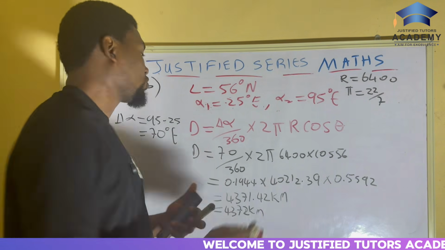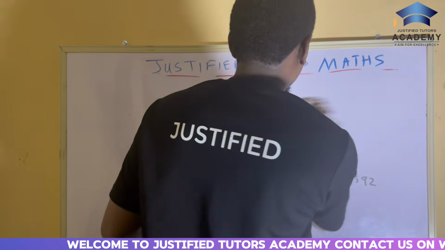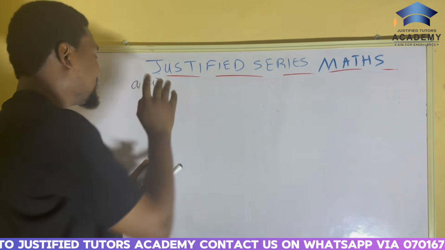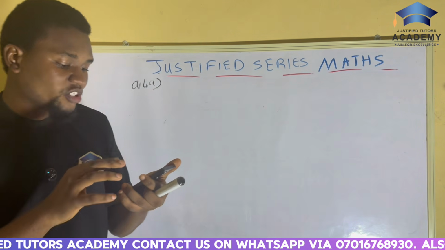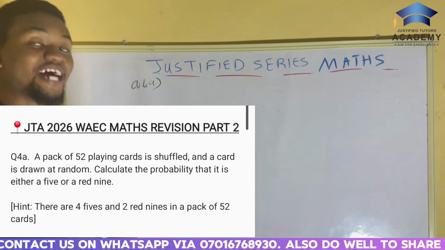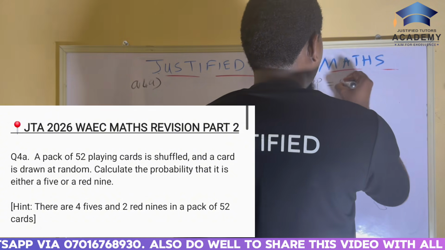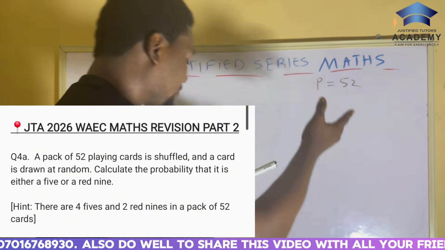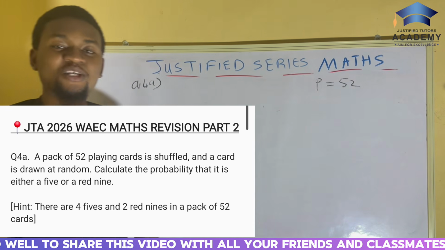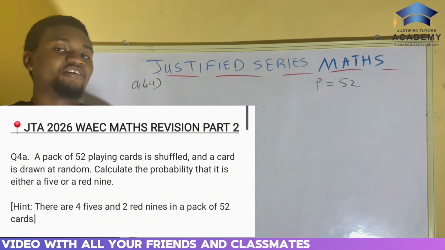Now let's move on to question 4A. All right, without wasting much time, question 4A. Before my marker dies out, let me solve this one. Question 4A says that a pack of 52 cards is shuffled and a card is drawn at random.